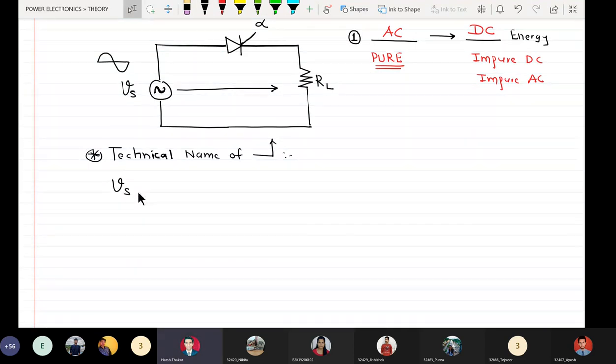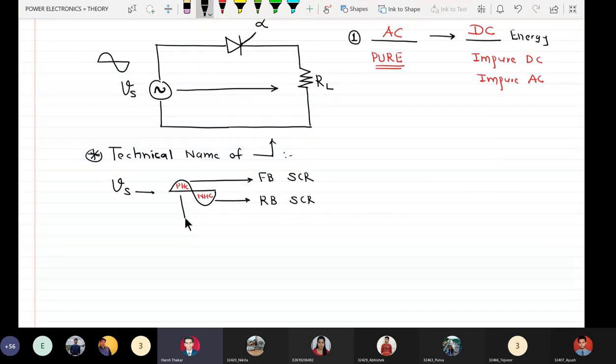Here the input Vs is a combination of positive half cycle and negative half cycle. Now, in the positive half cycle the SCR is forward biased, and in the negative half cycle the SCR is reverse biased. The positive half cycle exists from 0 to pi, and the negative half cycle exists from pi to 2 pi.